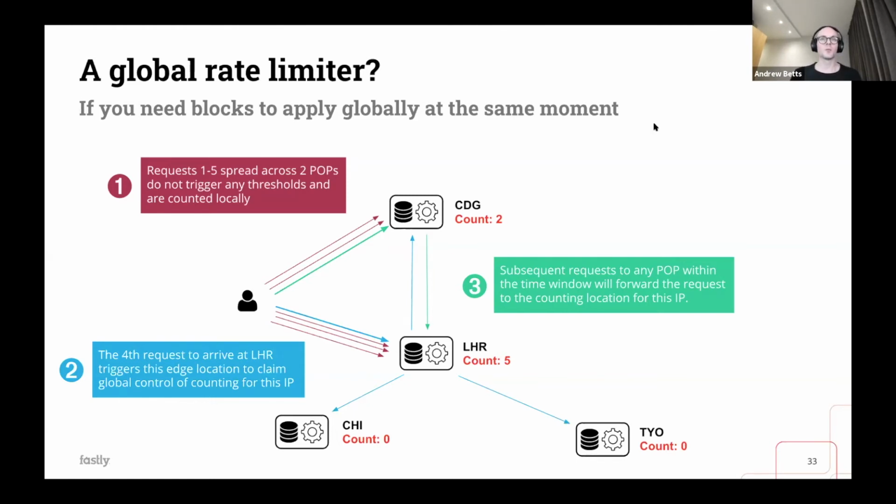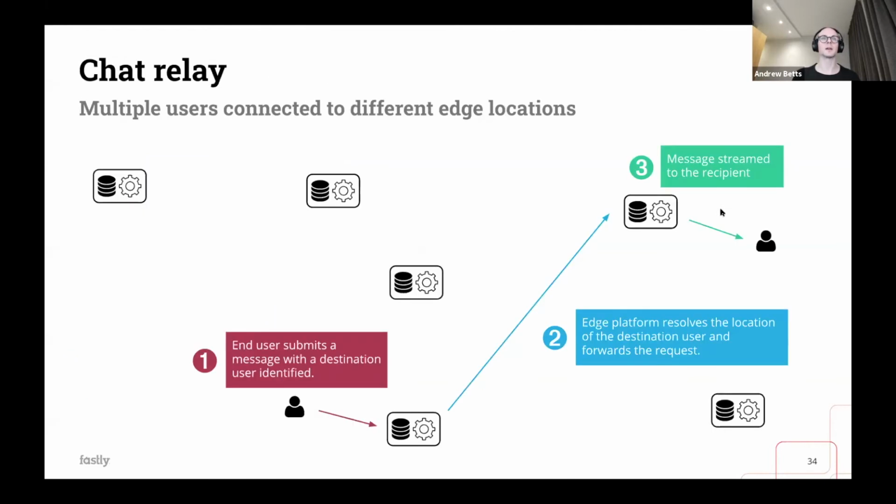So this is a glimpse into one scenario in which it's of value for one edge location to talk to another directly. And you could also imagine this kind of thing happening in lots of other situations as well. Like, let's say, relaying chat messages between users who happen to be connected to different servers in different parts of the world.